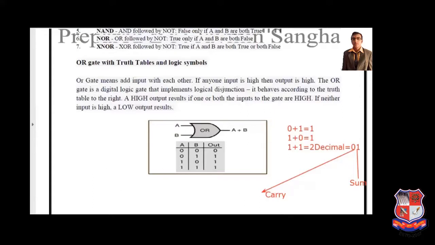Again repeat, what is the meaning of carry? If 8 plus 9 equal to 17, then in 17, 7 is the regular number, and 1 is known as carry, that can be forwarded to the next term.